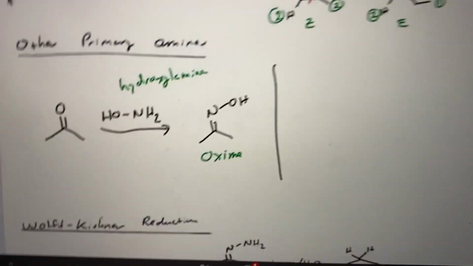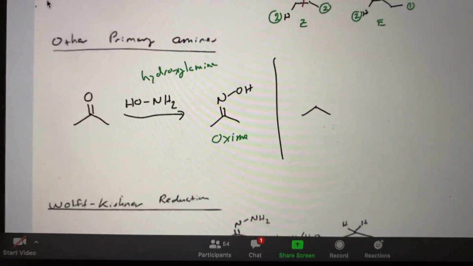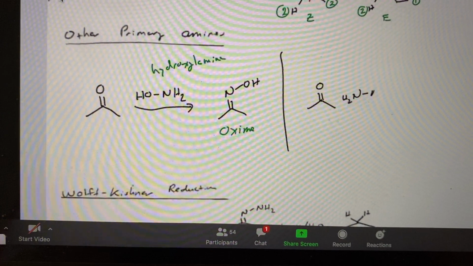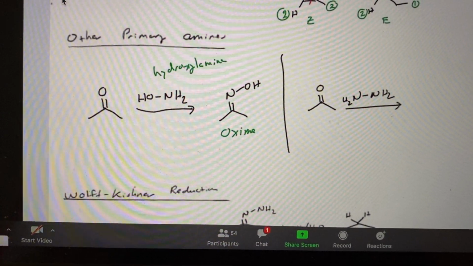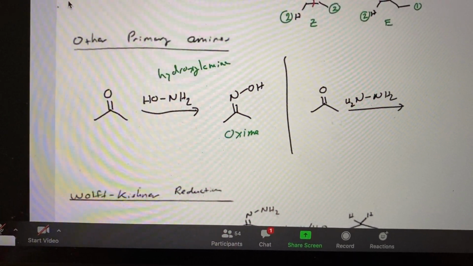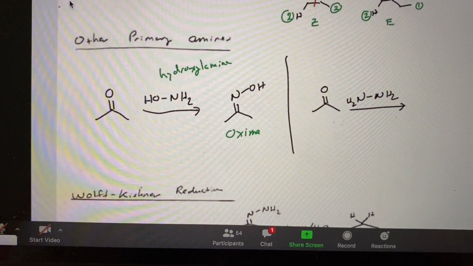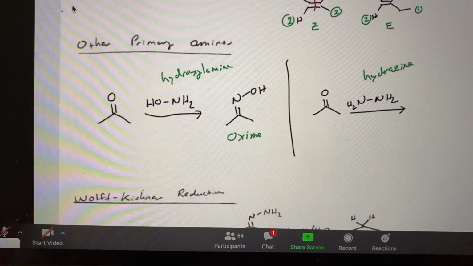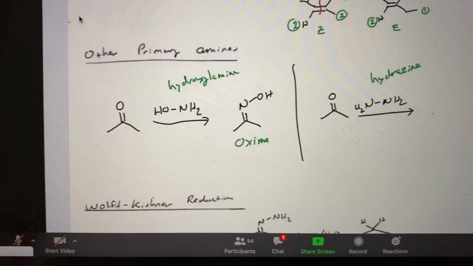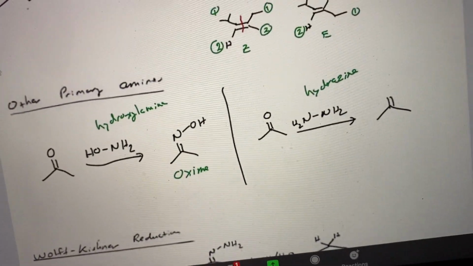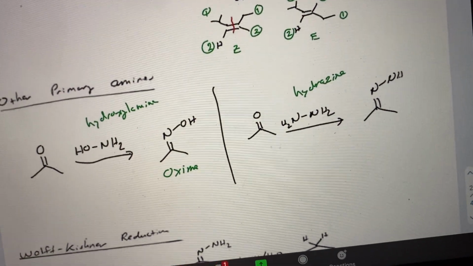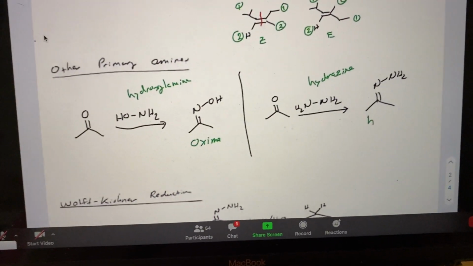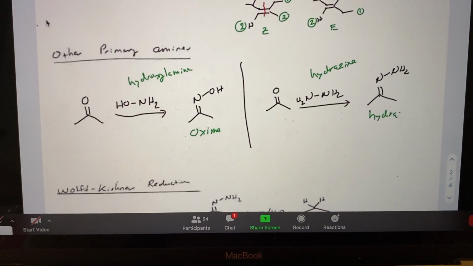That's one. Another one is, rather than having OH NH2, you can have NH2 NH2. So this compound, NH2 NH2, is known as hydrazine, and this is going to generate an imine compound that looks like this, and hydrazine makes a hydrazone.